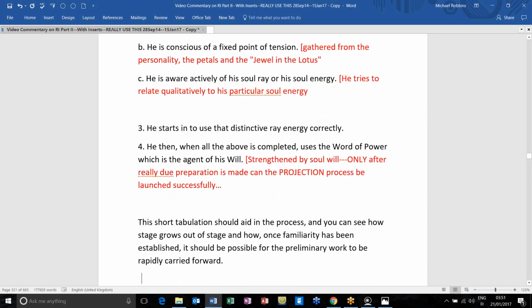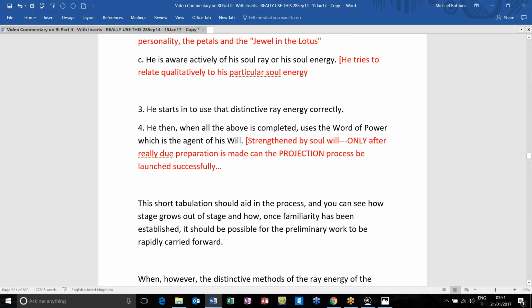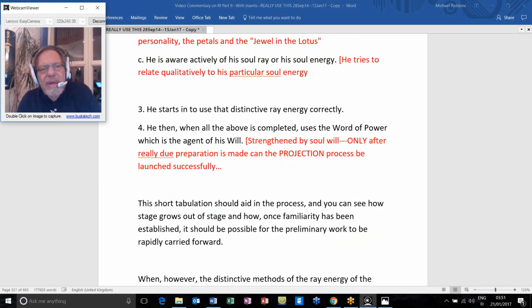Okay, this short tabulation, which I guess we should review constantly, and have in our minds as we attempt to really do this work, should aid in the process. And you can see how stage grows out of stage and how once familiarity has been established, it should be possible for the preliminary work to be rapidly carried forward.